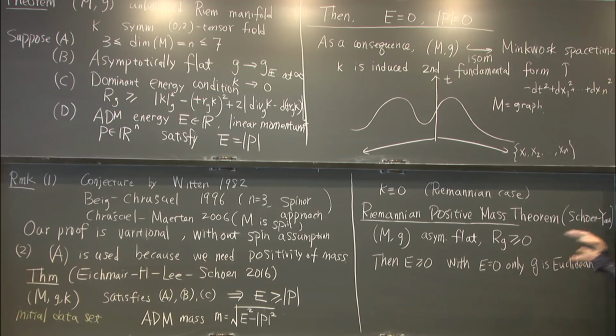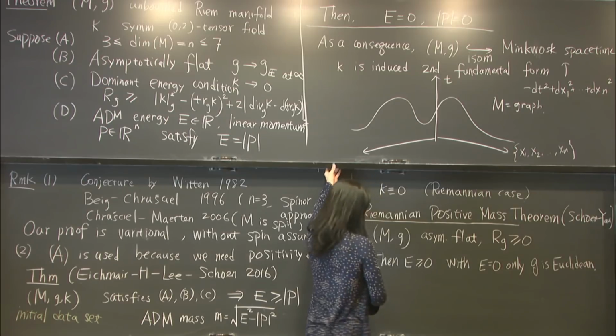So let's just take out in particular the equality case. When the energy is 0, energy is just a number. I haven't told you how you define it, and I'm not going to write down the formula either.